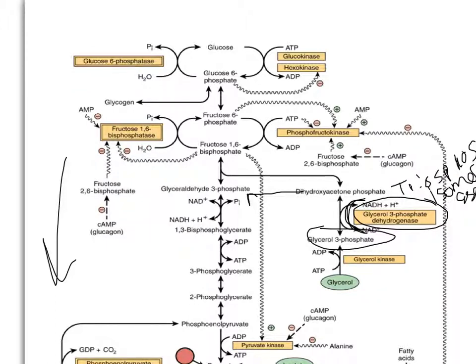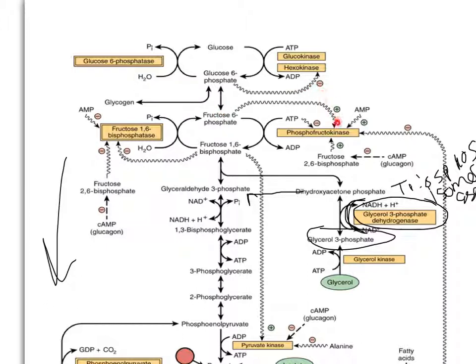So how is all this regulated? That's what all the squiggly lines are. The squiggly line means whenever this is high in concentration, what does it do to these? So this slows down glucokinase and hexokinase whenever glucose 6-phosphate is high. It just acts allosterically on those enzymes.